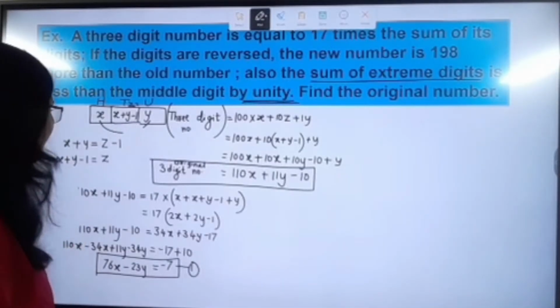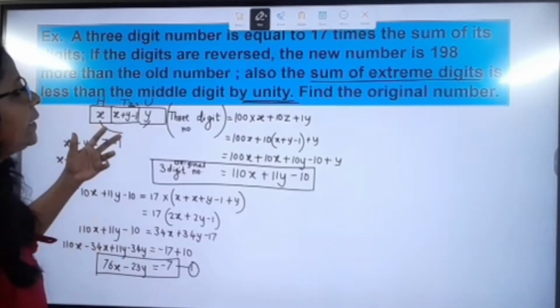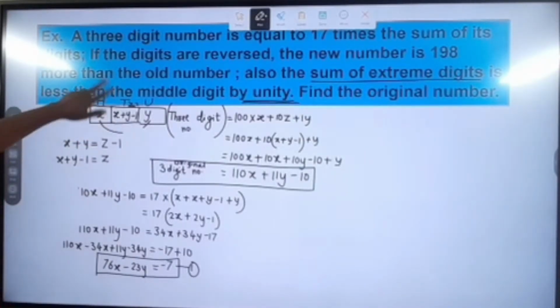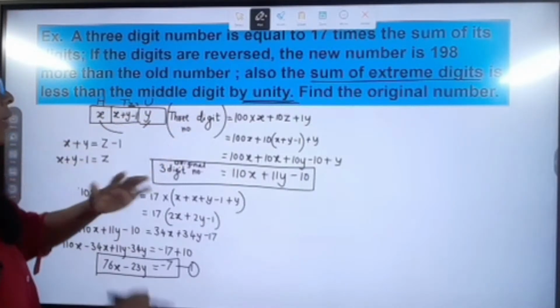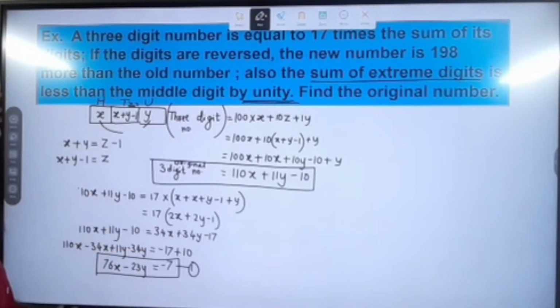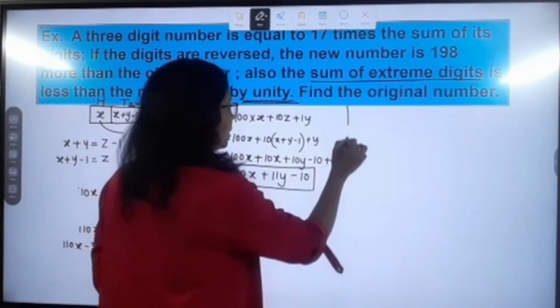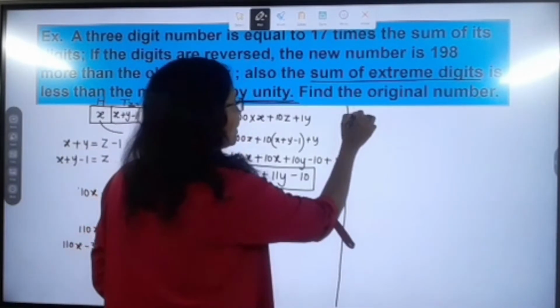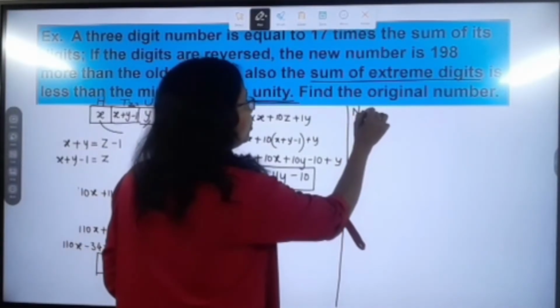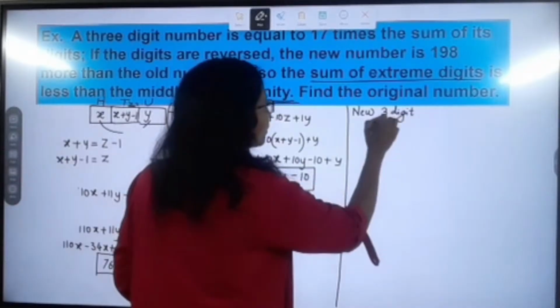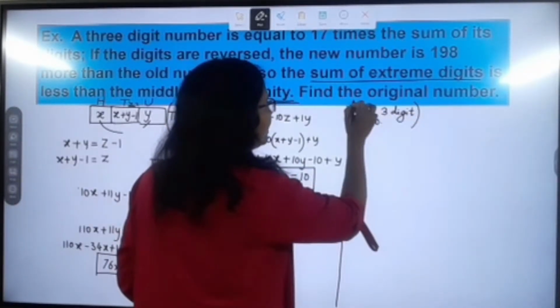So now try to get the second condition, the second equation. If the digits are reversed, the new number is, so students, we first have to generate the new 3-digit number.